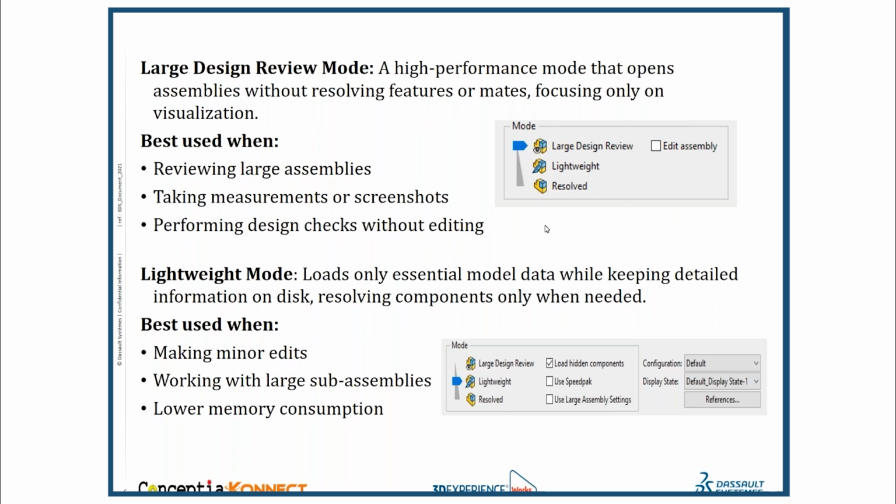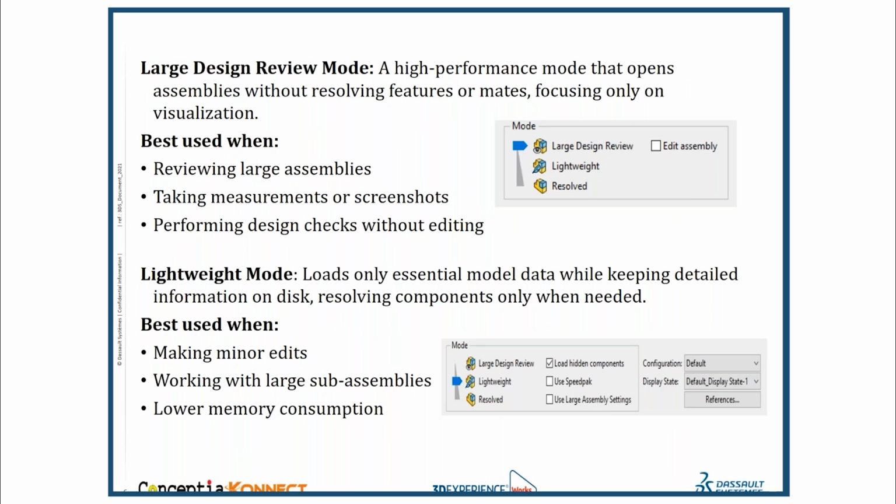Basically, the large design review mode is a high performance viewing mode. It opens assemblies quickly without loading the full feature and mate data. When you are building large assemblies, you might have added many features to make an assembly.